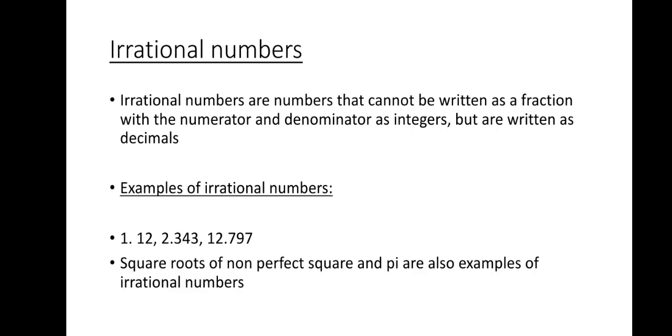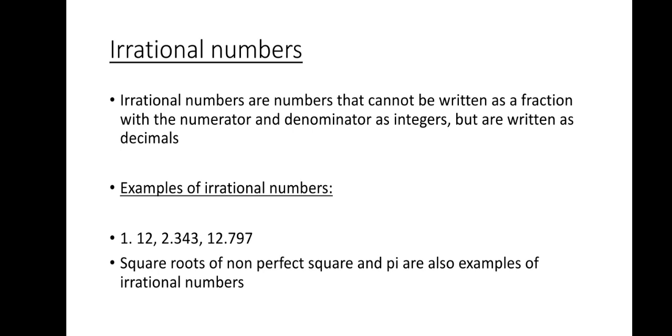Moving over to irrational numbers. What exactly are irrational numbers? Irrational numbers are numbers that cannot be written as a fraction with the numerator and denominator as integers, but are written as decimals.